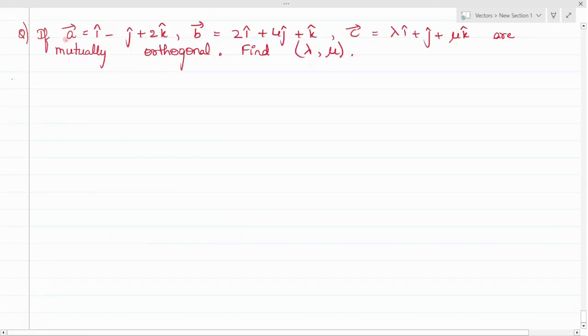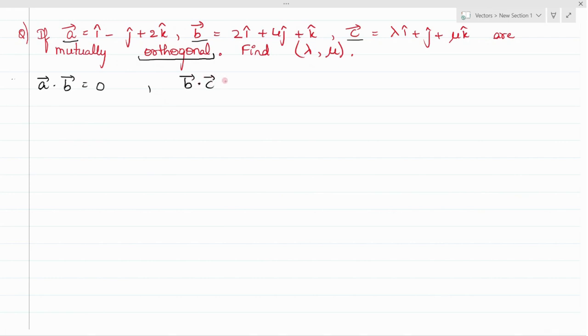In this question, all the 3 vectors are given and they are told that they are mutually orthogonal. What does it mean? It means that A dot B is 0, B dot C is 0, and C dot A is also 0. A dot B, when you do that, you will get 0, so nothing significant over here.